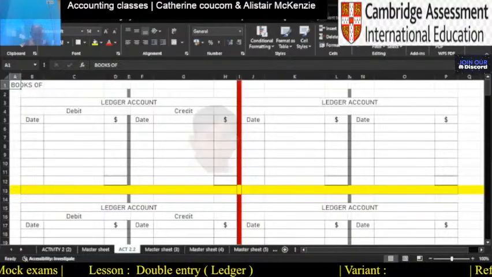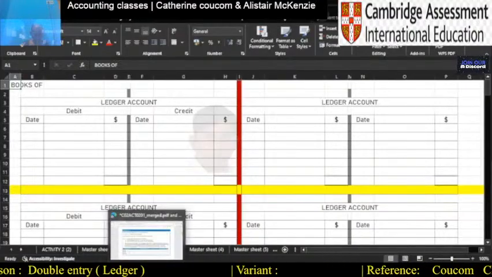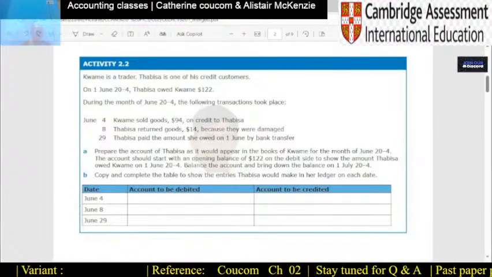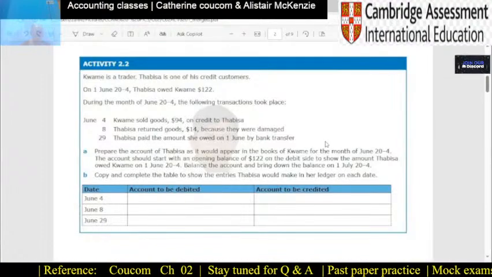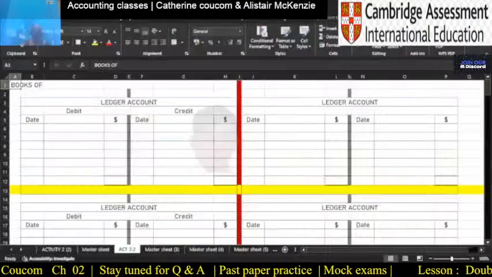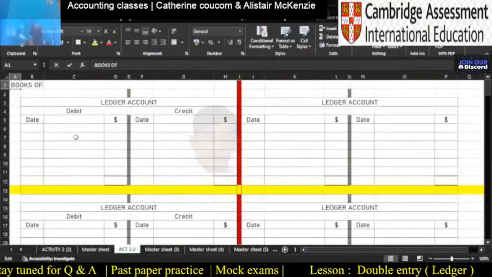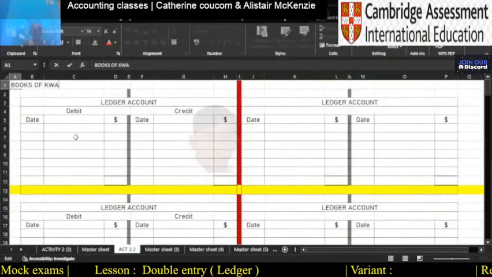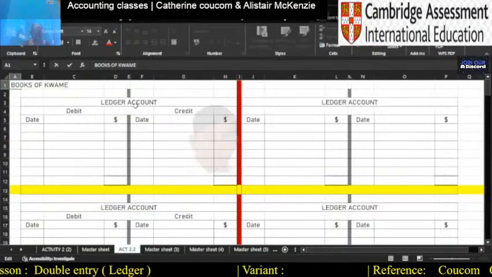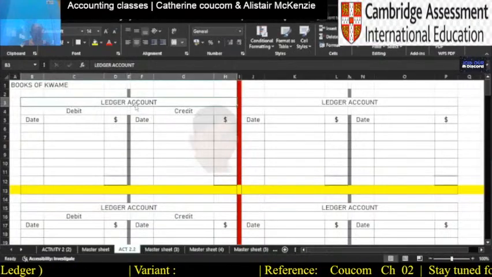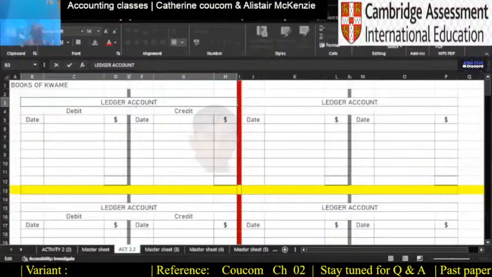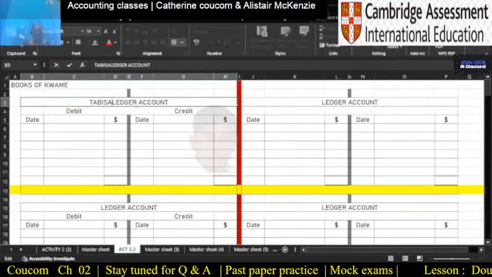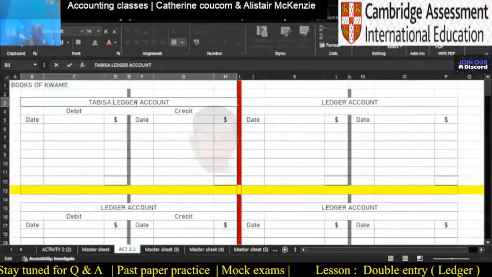Account of Tabisha in the books of Kwame. Tabisha ledger account. Okay.